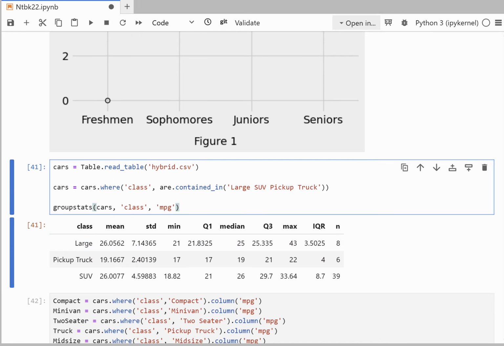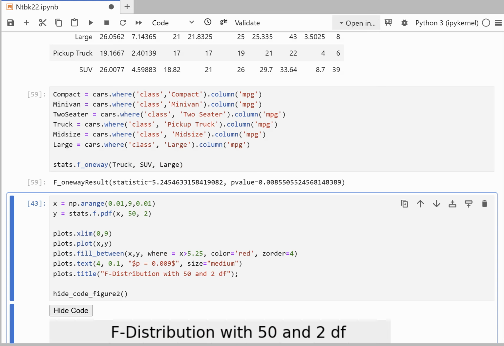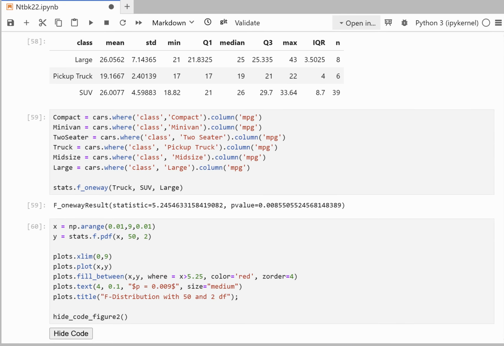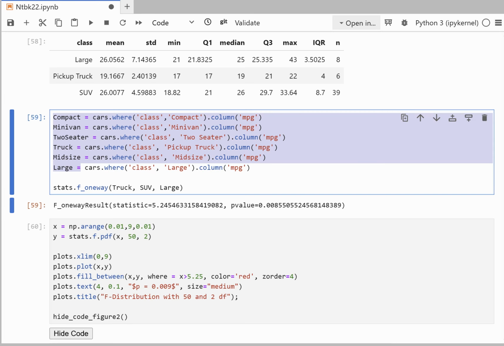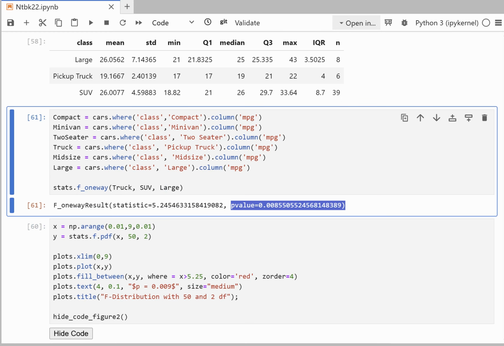Okay, so then the last one we're doing, right? We have large pickup trucks and SUVs. And what did we do? Well, we created more arrays here than we needed, but specifically we needed truck and we needed large. An SUV was created up above. So we've got the ones we need, and we run this, and you can see that the p-value is 0.0085, which is less than alpha.